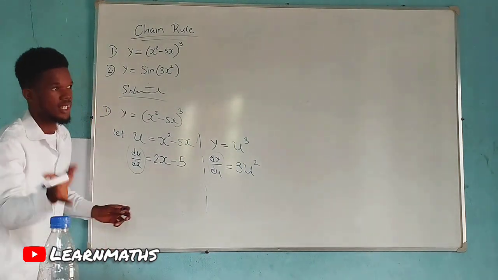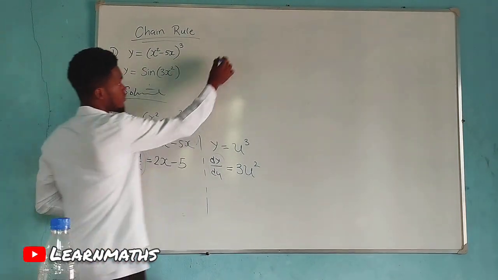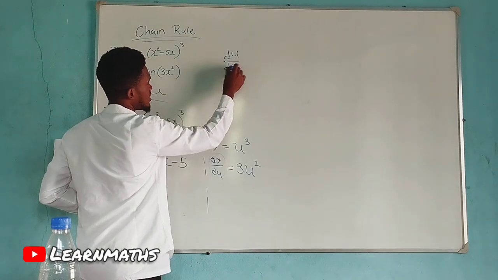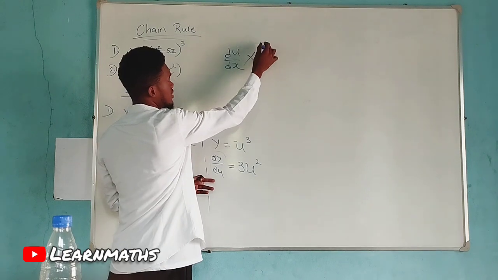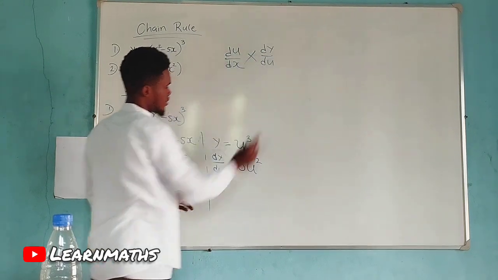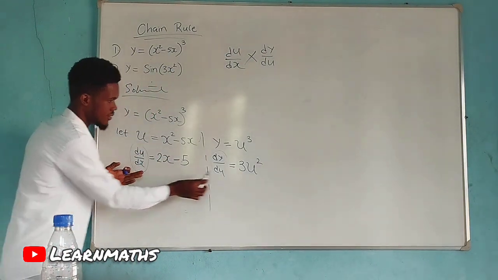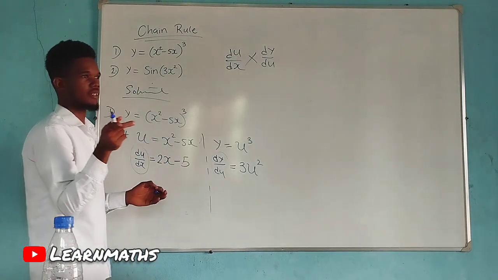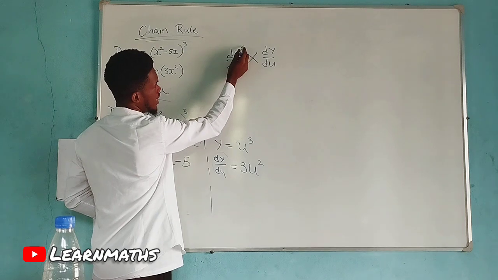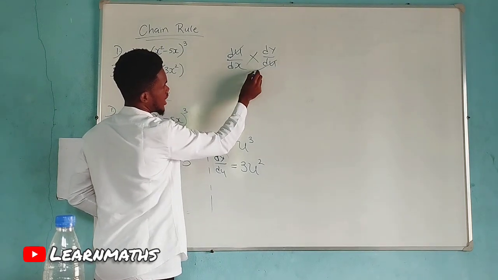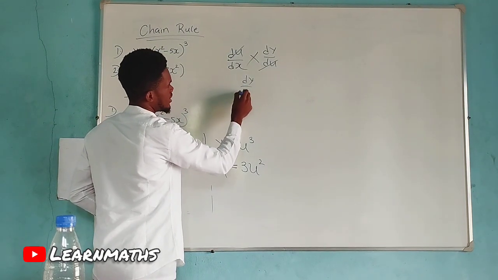Dy dx. Now let me show you something. If you multiply this differential du dx with this differential dy du, you're going to get dy dx out. Now this is du dx, this is dy du. You observe that we cancel du, leaving you with dy dx.